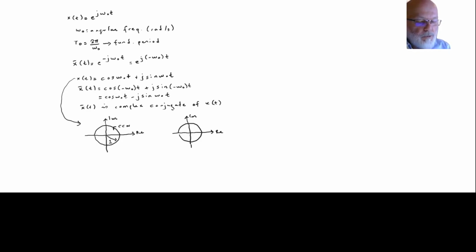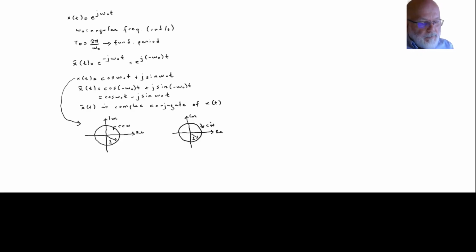Because the real part is cosine and the imaginary part is minus sine, their squares will add up to 1 and the magnitude will be 1. So x bar of t will take values on the unit circle. However, the unit circle will be traversed in the clockwise direction.